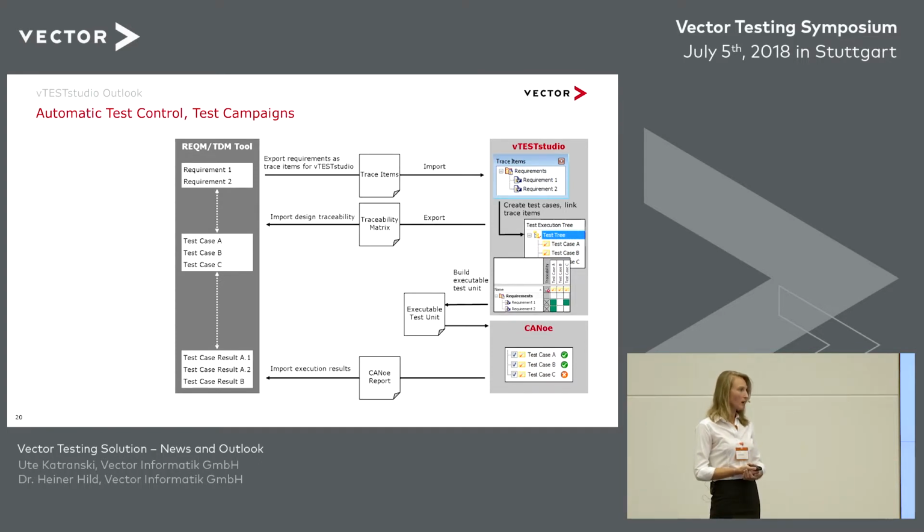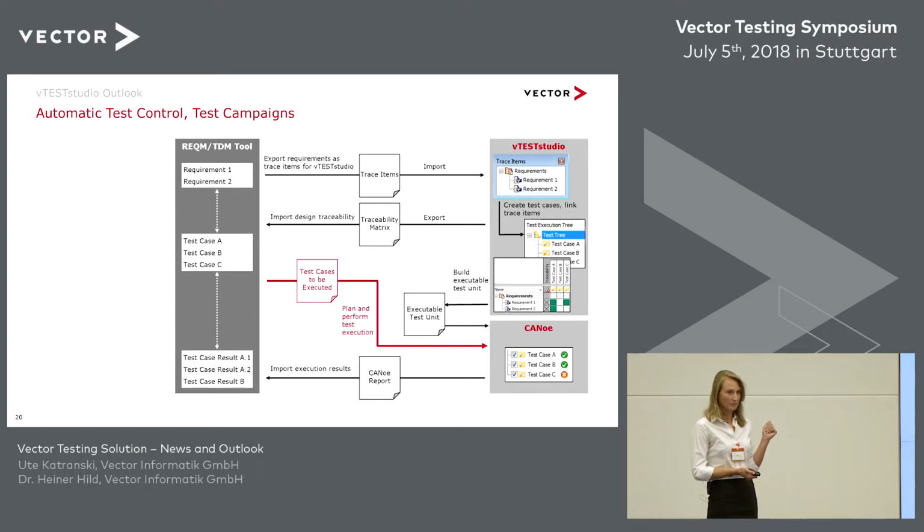For the other ones at random, it can be implemented through our Exchange formats. We import requirements or test case specifications as trace items into VTest Studio. We link them up with test cases. We play the information back to the TDM system, and after execution of the test unit, we play the results back. So far, so good.